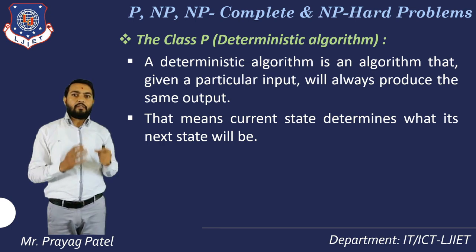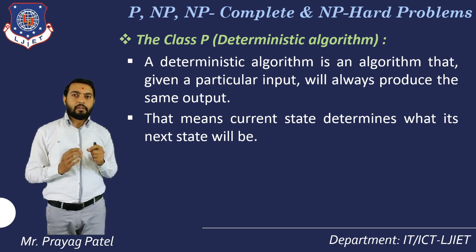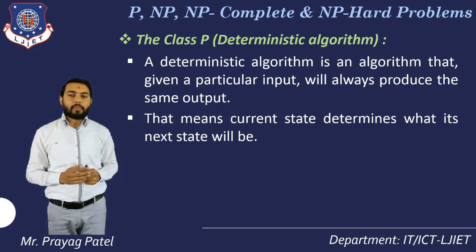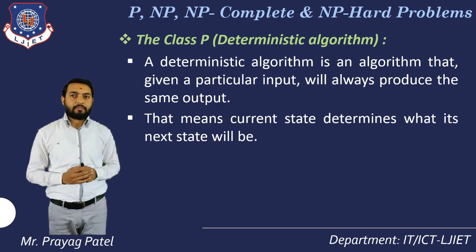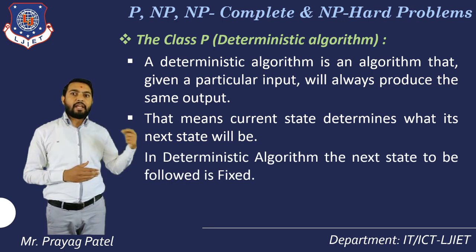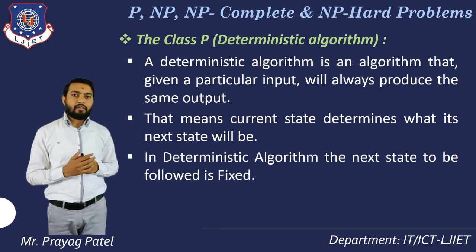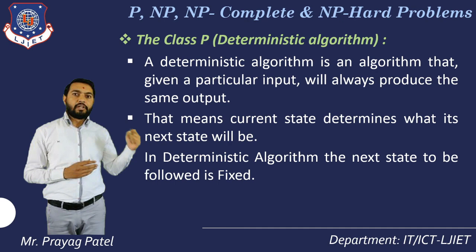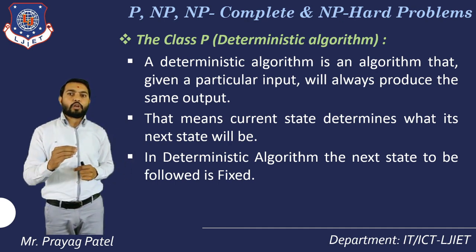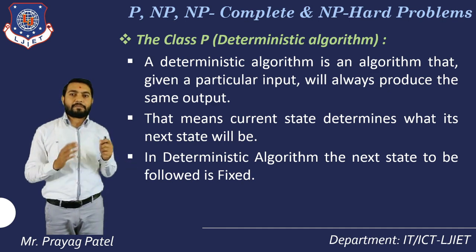That means the current state determines the next state. In other words, the algorithm defines the next state to be followed, and after a particular step, which step will be followed is fixed.